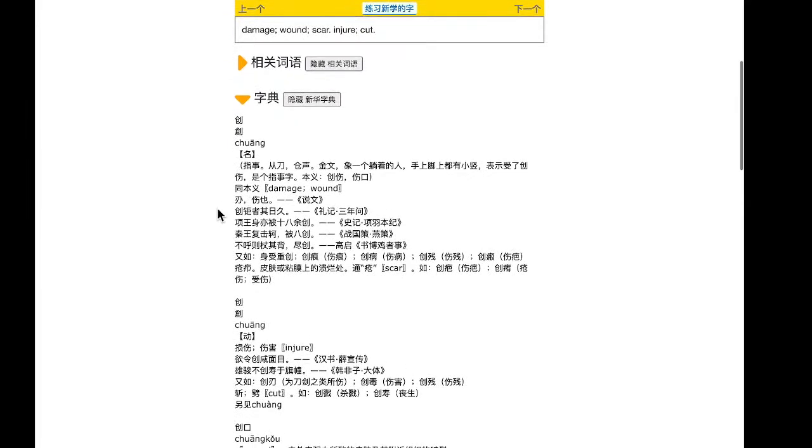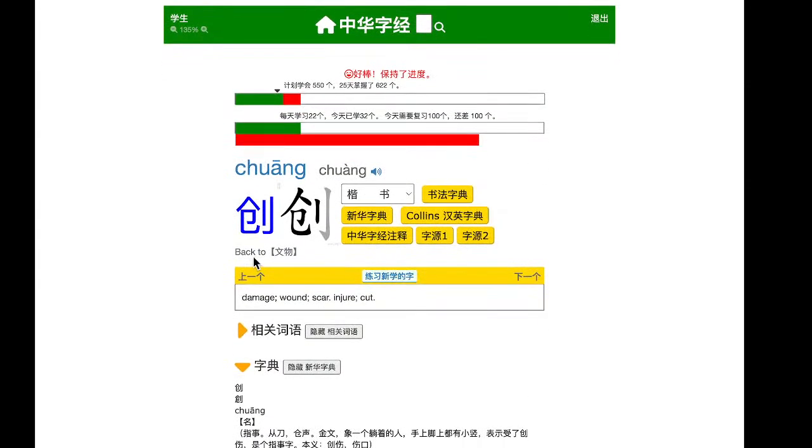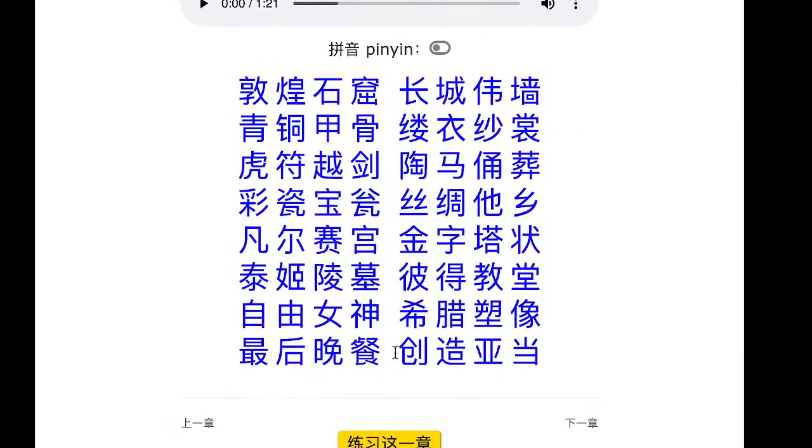So you'd use this in like 创伤 or 创口. 创口贴 is a band-aid, right? You apply it, you stick it on top of a wound or a cut. There you go. 创口, 创伤, 创痛. But 创造亚当, there. It's the creation of Adam.